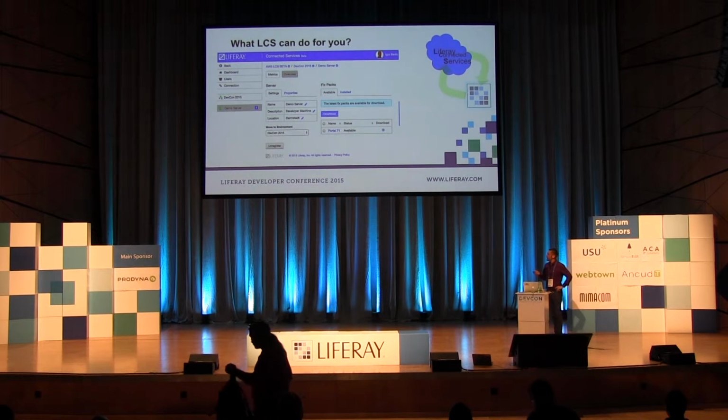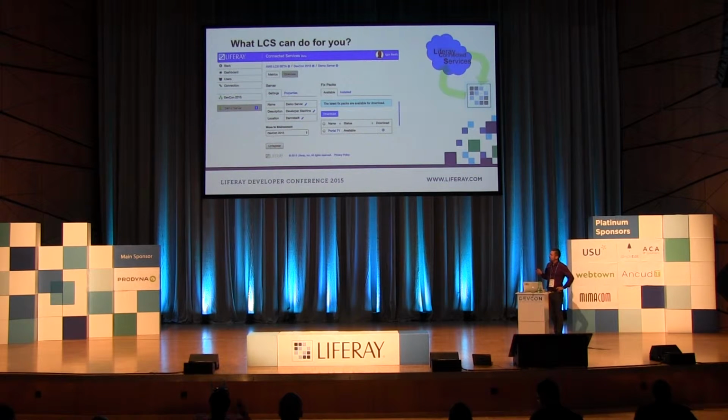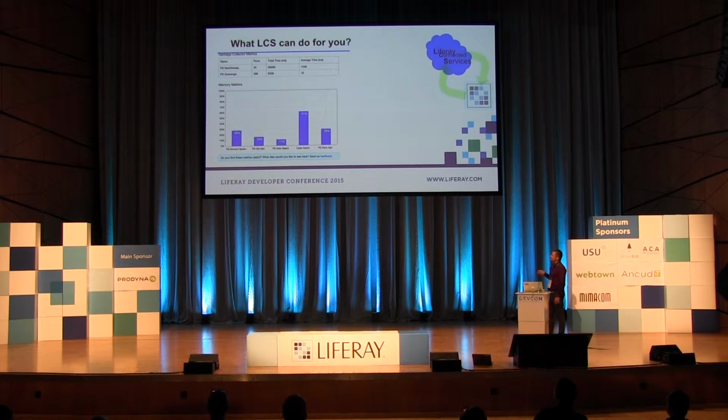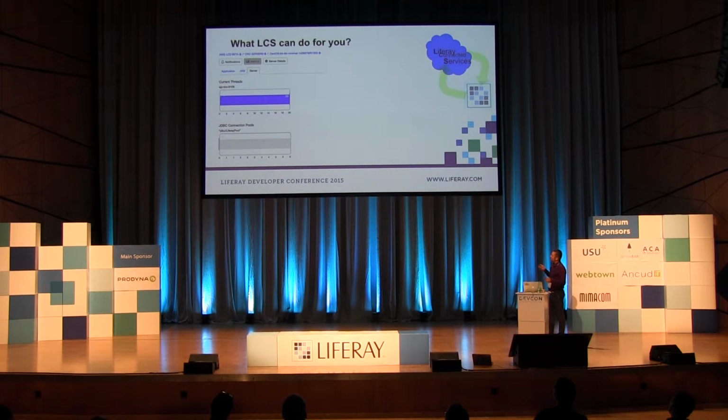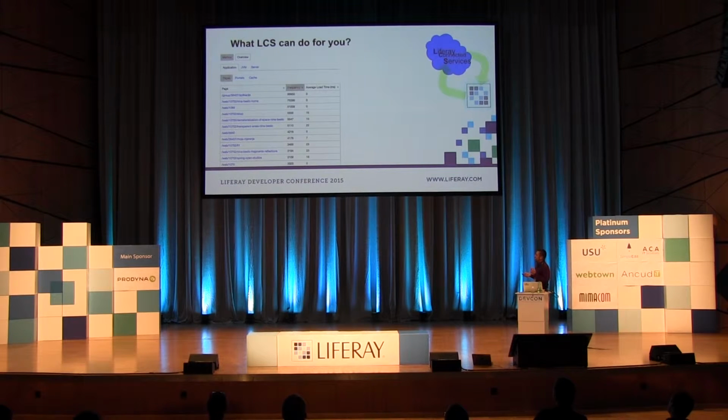I will just make a note that for all those things to be enabled, you have to have the patching tool installed. That's a requirement for all of this. You will be able to monitor basic JVM metric statistics, application server statistics, and page load statistics. If you click on each of those links, you will get statistics of portlets on that page.